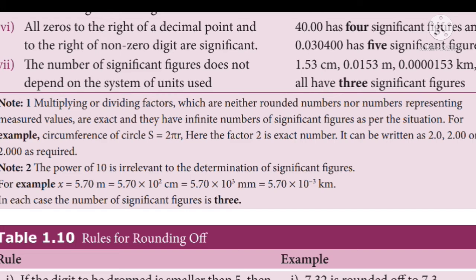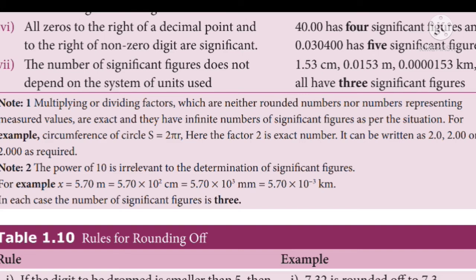Note number 2. The power of 10 is irrelevant to the determination of significant figures. For example, x is equal to 5.70 meter is equal to 5.70 into 10 squared centimeter is equal to 5.70 into 10 power 3 millimeter is equal to 5.70 into 10 power minus 3 kilometer.